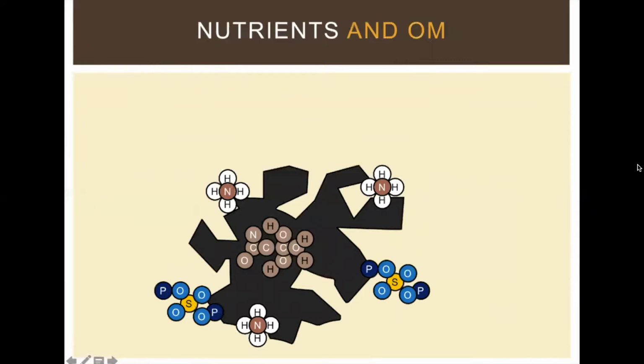It's like clay, because clay has a lot of micropores, and clays attract a lot of nutrients to the soil. So just like clay, organic matter has a lot of micropores, and it's going to be attracting a lot of nutrients to the soil as well.